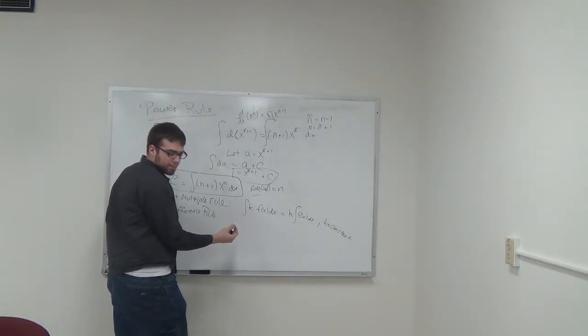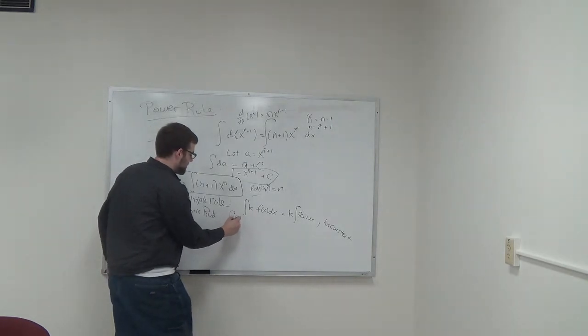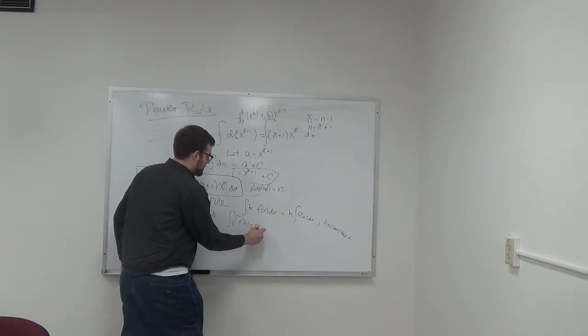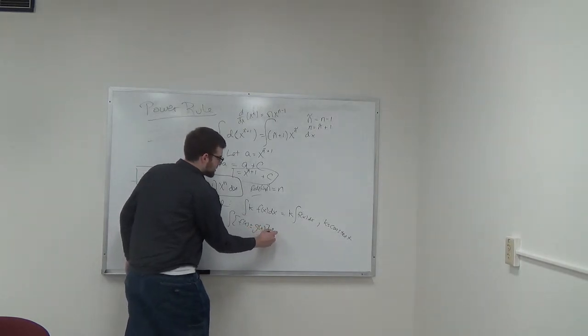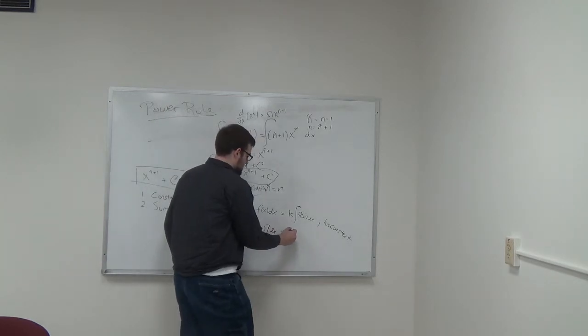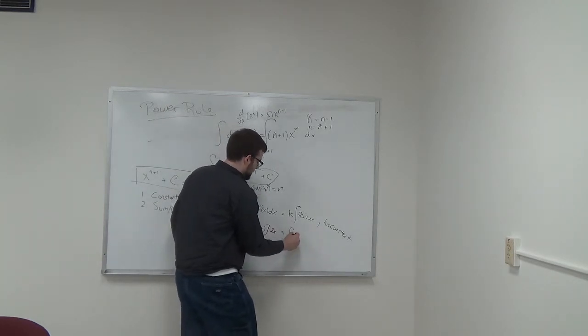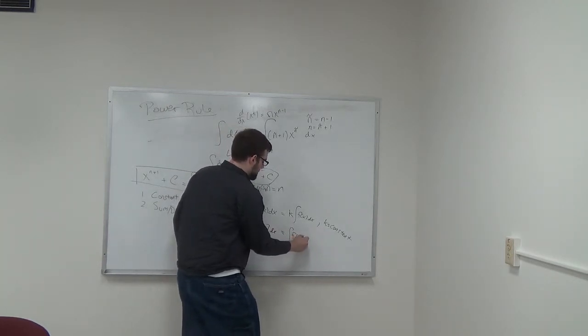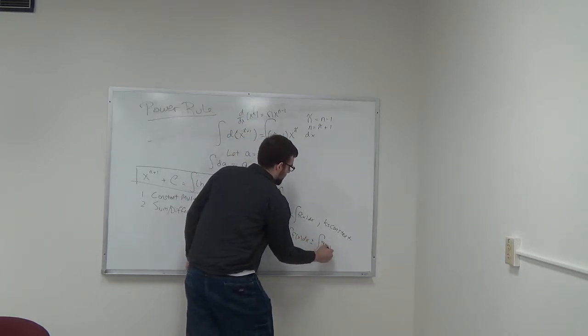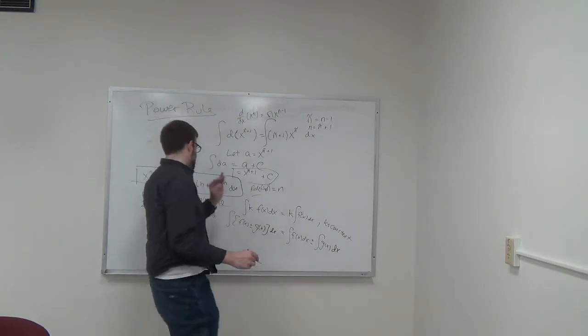Basically the integral of f of x plus or minus g of x dx is equal to the integral of each of these terms separately. So an integral of f of x dx plus or minus the integral of g of x dx.